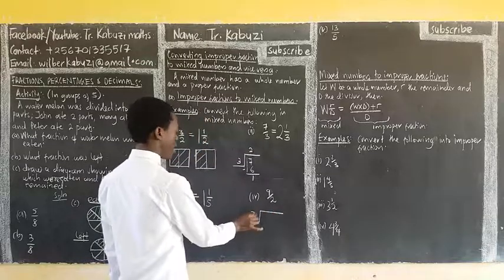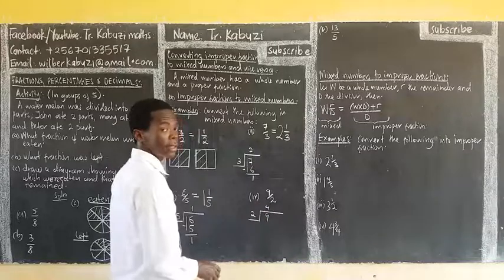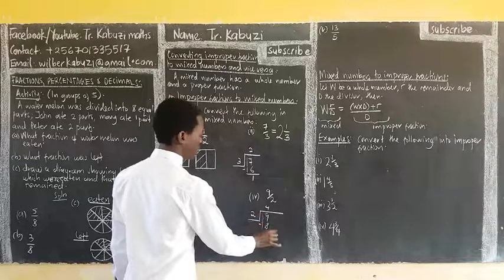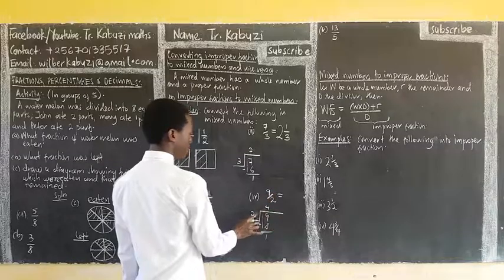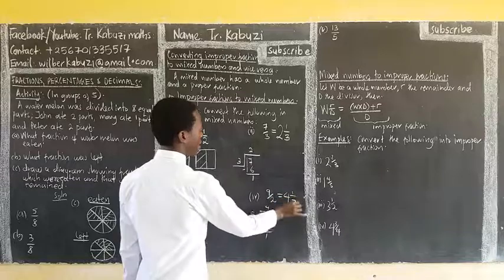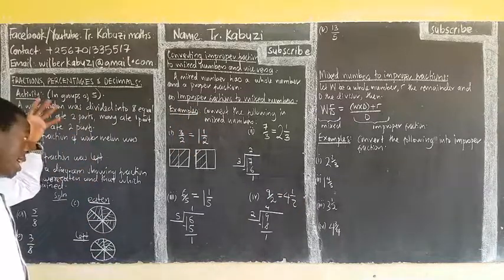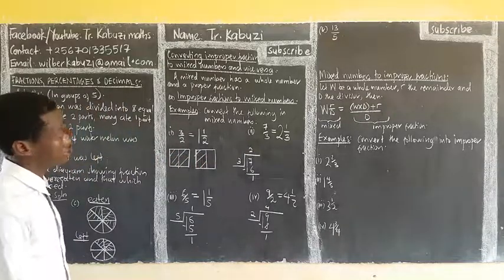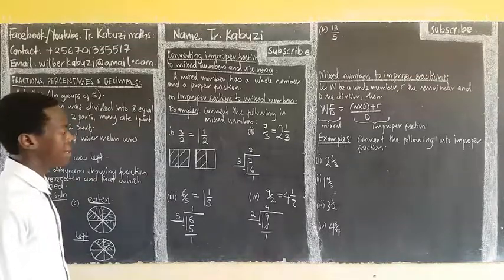This one is going to be our 2, 9. 2 goes in 9 4 times, this times this, we get 8. Then after we do what? We subtract and we get 1. So that means this one is going to be 4, then 1/2. That's how we can use that as the idea there. So either way, either use these ones or you can use that one there. It's up to you.